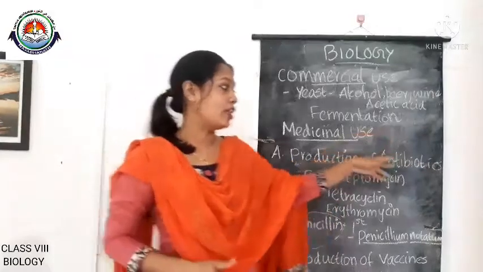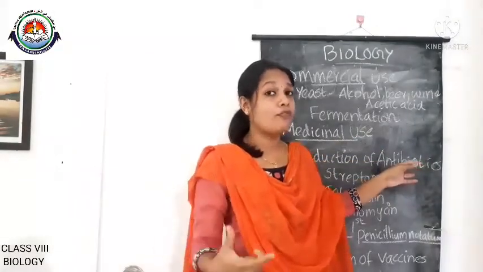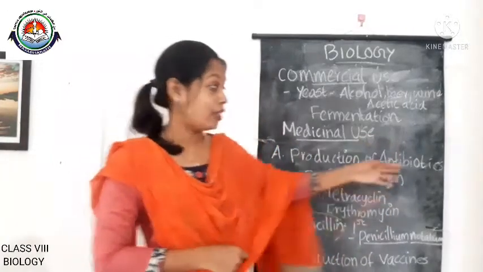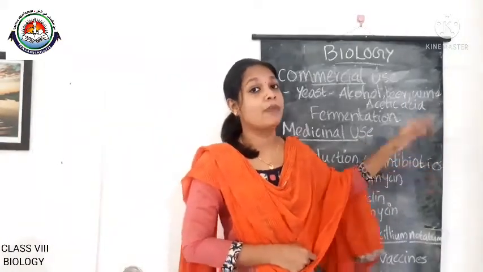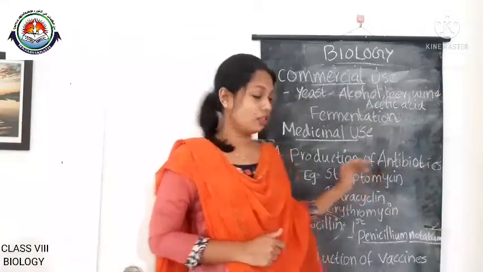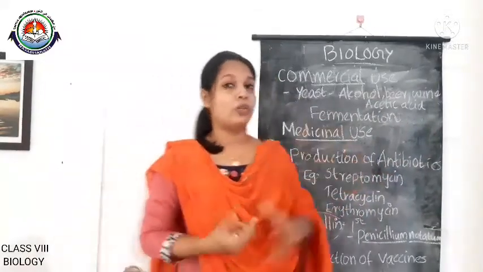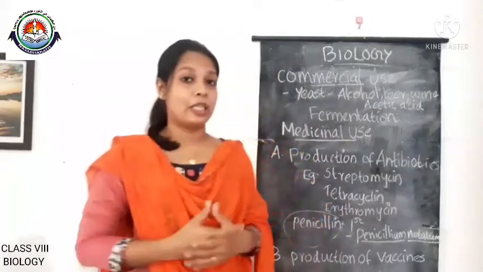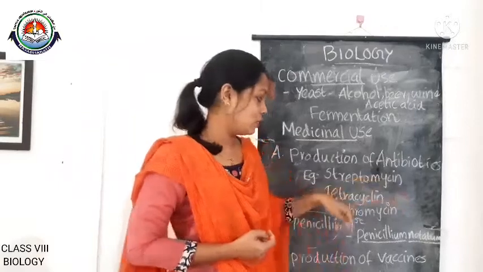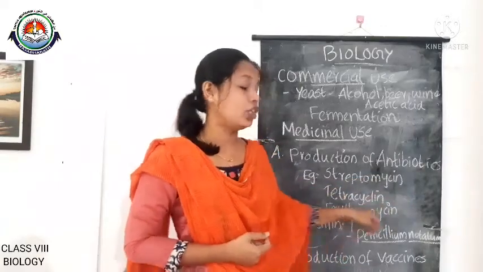Antibiotics act upon the harmful microorganisms present in our body, and antibiotics are also prepared from microbes themselves. There are 3 commonly used antibiotics mentioned in your textbook: streptomycin, tetracycline and erythromycin.